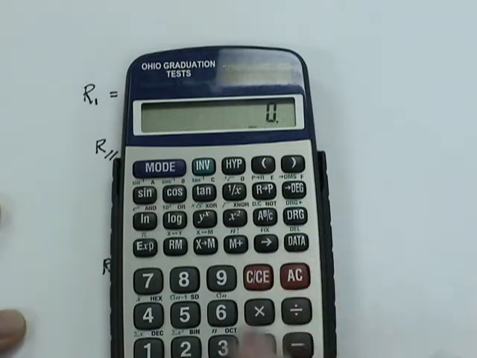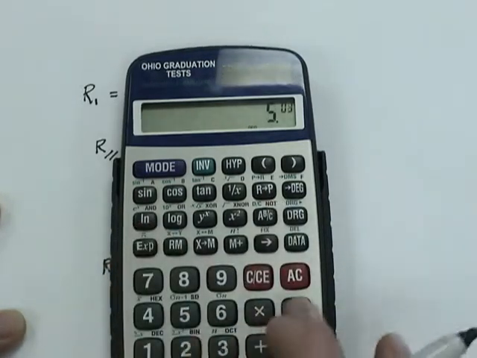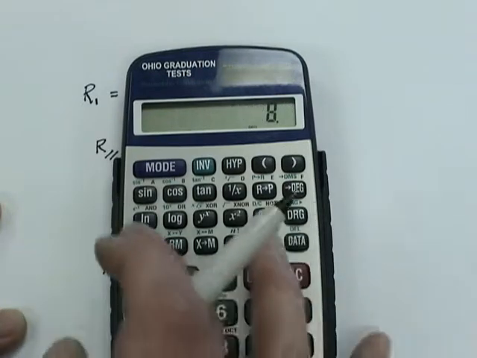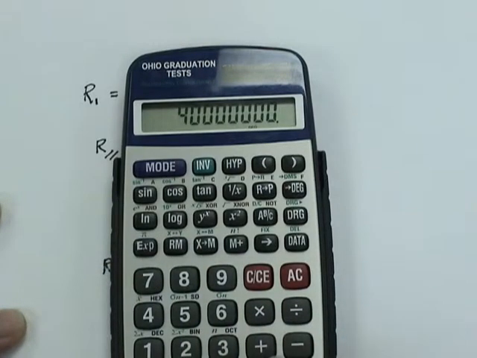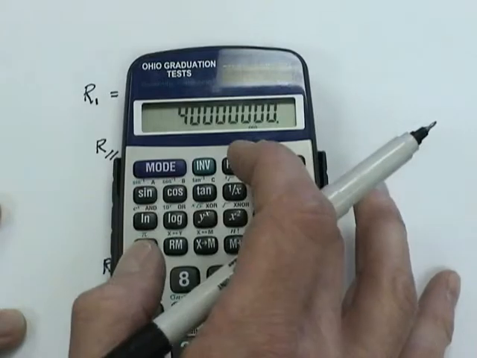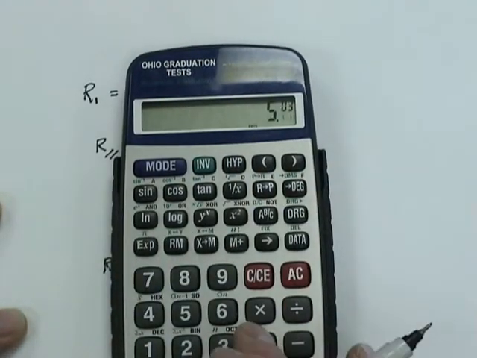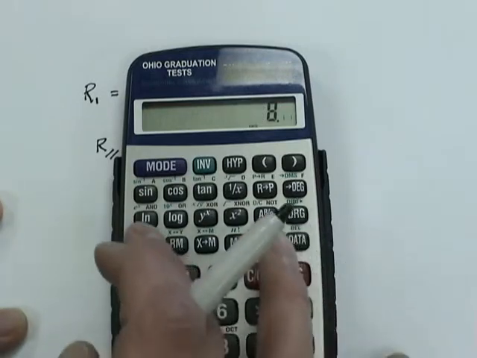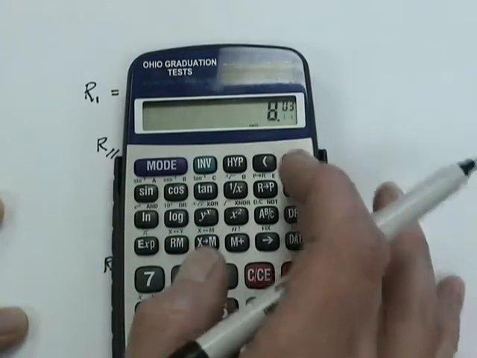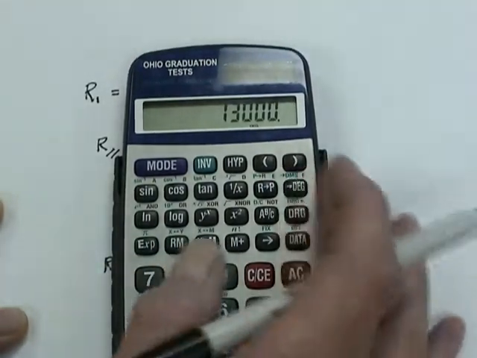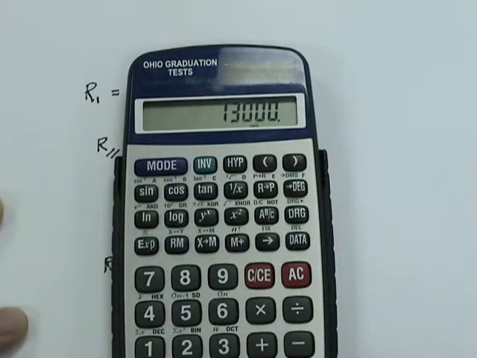I'm going to clear that and do it again. 5 kilo ohms times 8 kilo ohms equals, now divided by parentheses, 5 kilo ohms plus 8 kilo ohms, end of parentheses. When you hit the end of parentheses, it just calculates what was in the parentheses, so you need to hit equals to get the answer.